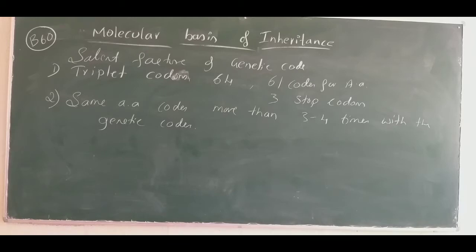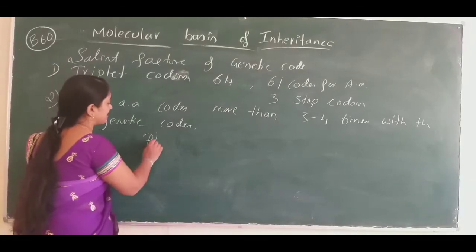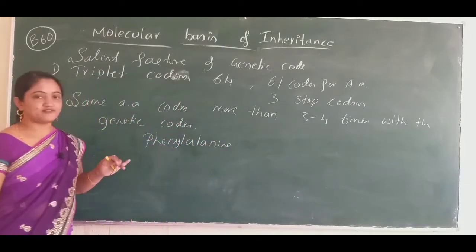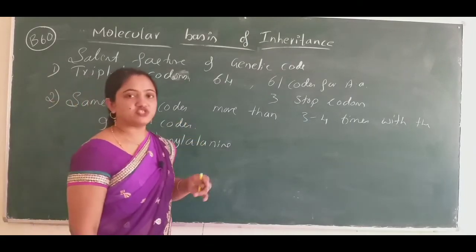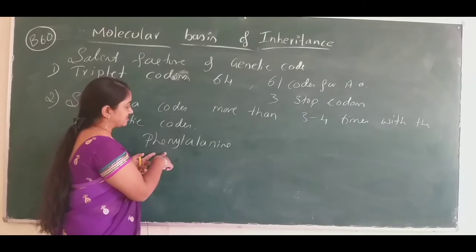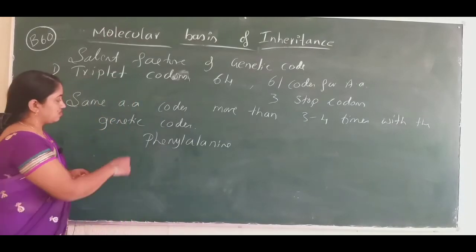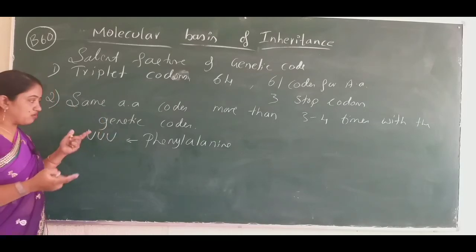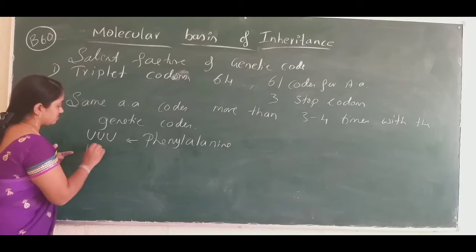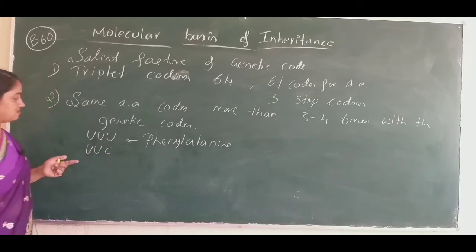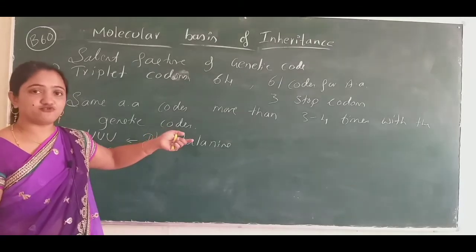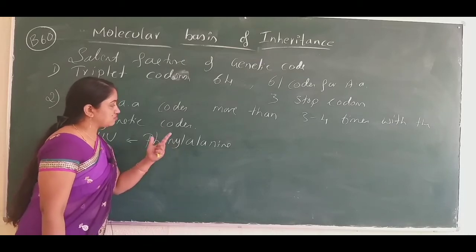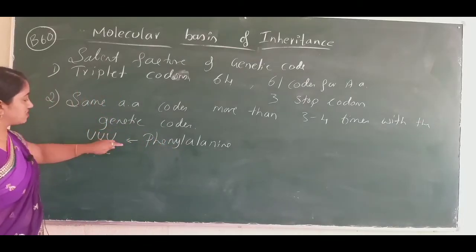The amino acid phenylalanine. This is the first amino acid we wrote in the checkerboard, right? So this phenylalanine amino acid is coded with the UUU triplet codon, and also it is coded with UUC. So what we have to learn here is that the same amino acid gets coded with more than one codon.